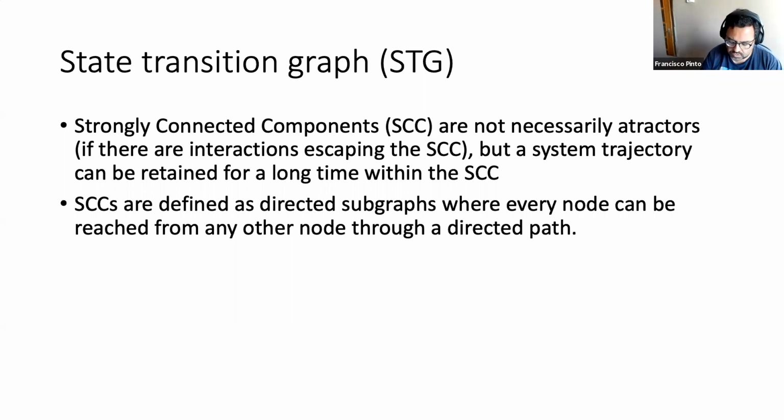So it's no longer an attractor. So you can have strongly connected components that are not necessarily attractors, and the system trajectory can be retained within that component for a long time. But if it has some probability to escape, then it is not a true attractor. But it will have an influence on the dynamics of the system.